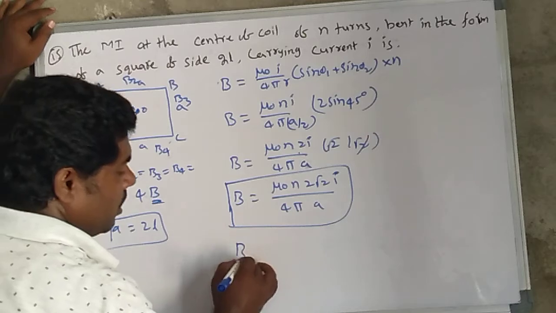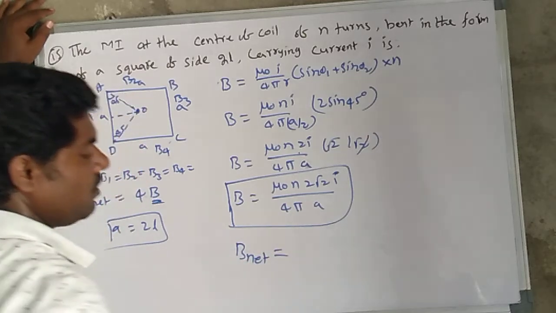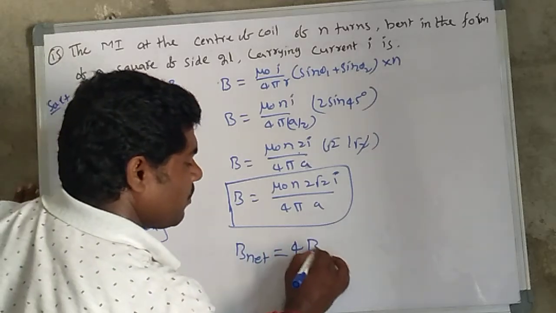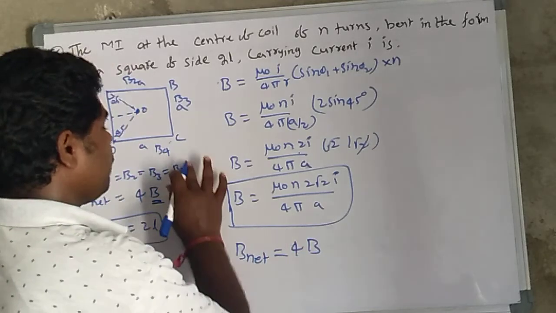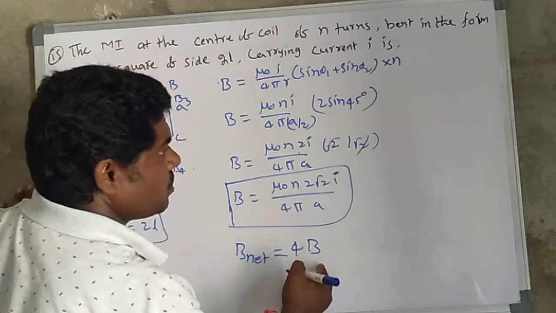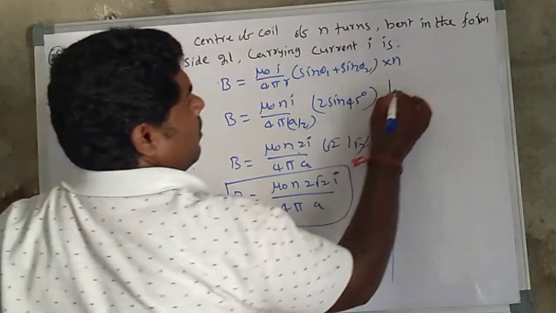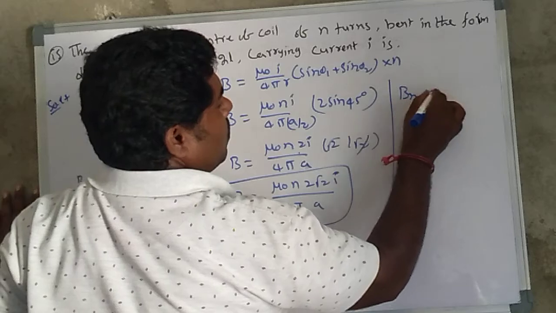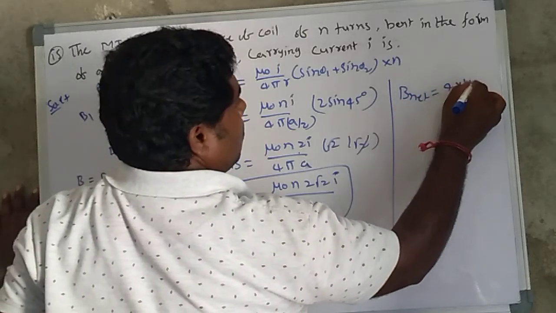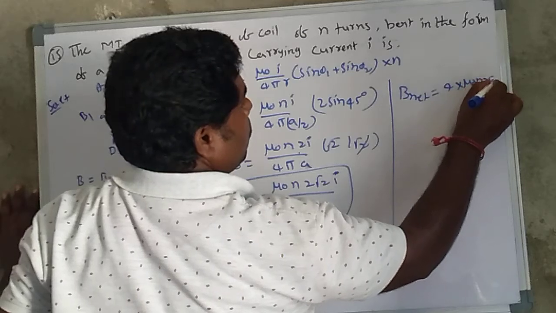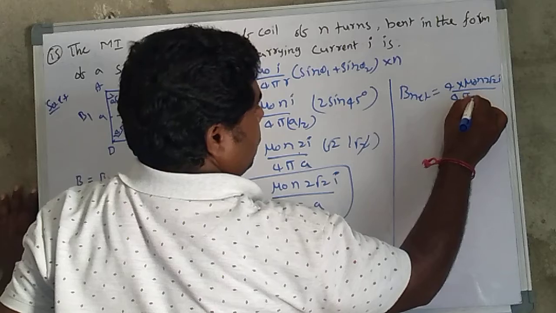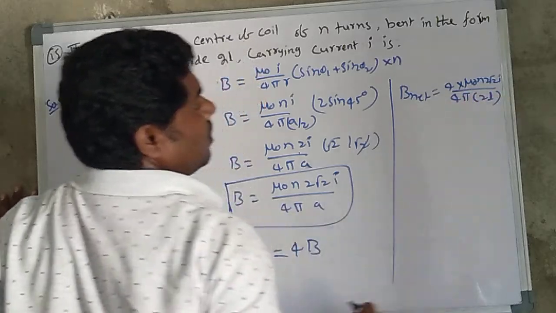The net total magnetic induction at this center is 4 times this B. So this B value substitute here. B net is equal to 4 into mu naught N into 2 root 2 into I divided by 4 pi into L, nothing but A nothing but 2L.